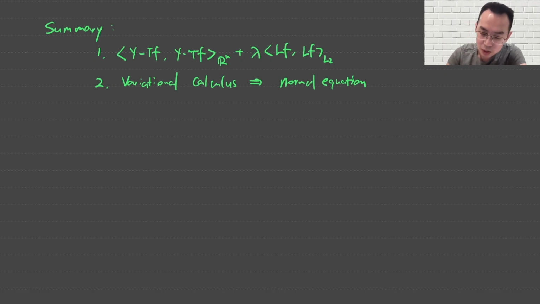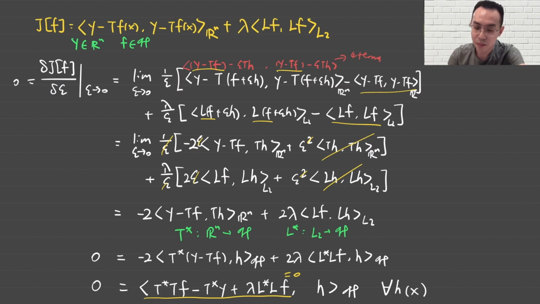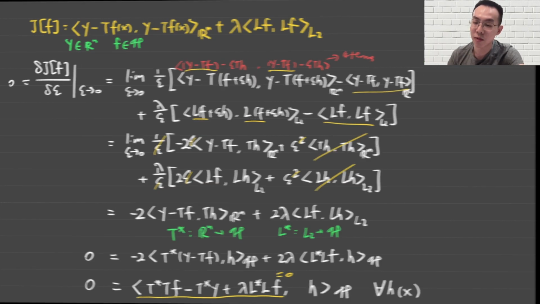That means that if we have a linear operator and an inner product, this normal equation is going to hold. It can be derived because we didn't use the integral formula. We derived everything using the properties of the inner product, and that is not specific to the L2 space. It can work in any Hilbert space as long as the inner product is properly defined.